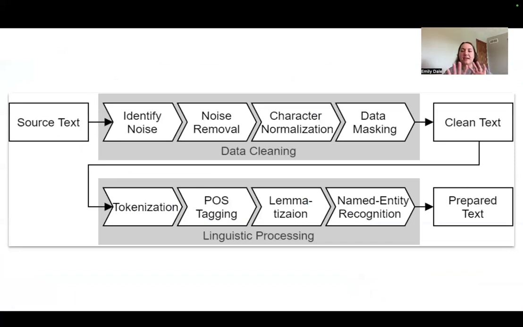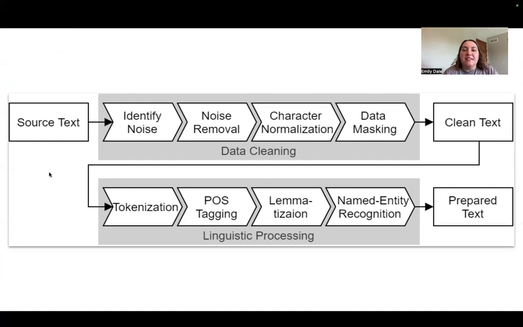So I liked this, I can't remember where I found this now, it might be in the notes of these slides, but I really liked this graphic of the text cleaning process. So we're starting with the source text. And the first few weeks we dealt with website data. This week I'm going to just give you a CSV file, things you've used very often, and we're going to start from there.